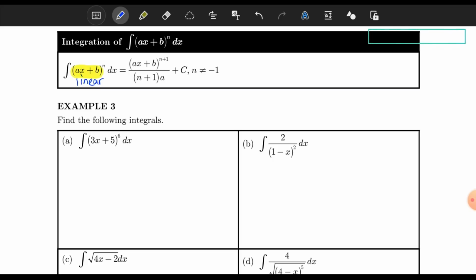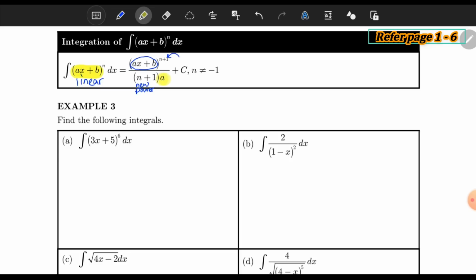So integrate (ax plus b) power of n equals, as usual, we increase the power by 1. So we copy the bracket (ax plus b) power of n plus 1, divided by the new power, which is n plus 1 in general, and then times a.